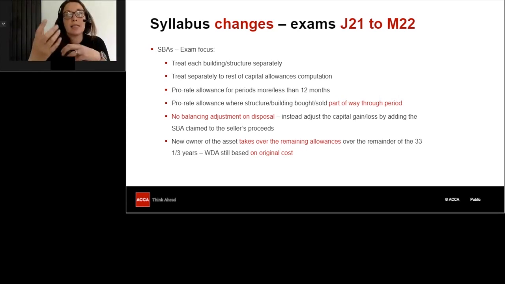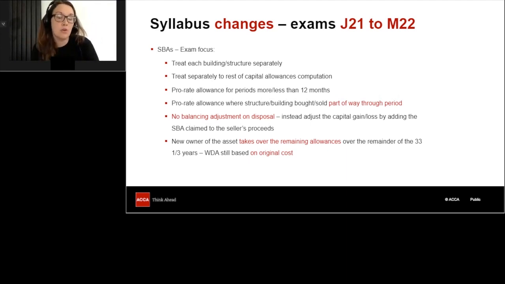All we're doing is adding in the amount of the SBAs that has been claimed, but land is still part of the normal calculation for capital gains purposes. We're not changing that part of the capital gains calculation. We're just adding in the fact that they have claimed some SBAs over the period.